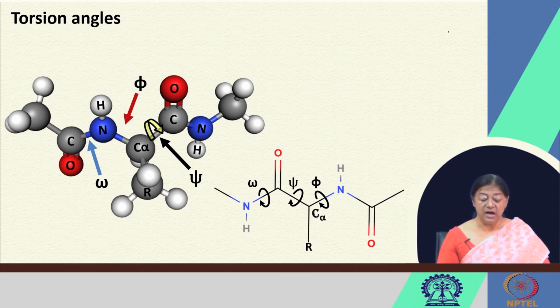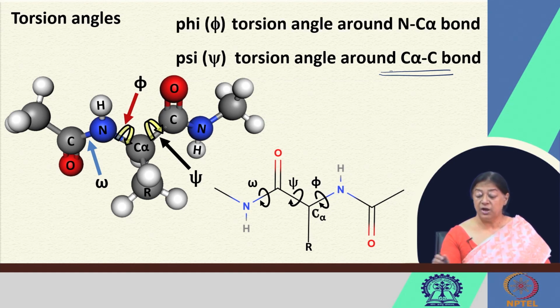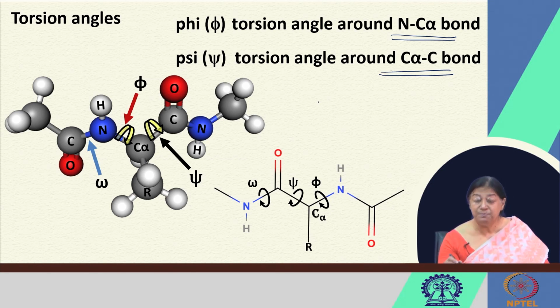So, here is our psi angle, it is the torsion around the C alpha C bond, as you can see here. The phi angle is the torsion around the N C alpha bond. So, when we are looking at the N C alpha C O, this is what our backbone is. You have to remember the backbone.